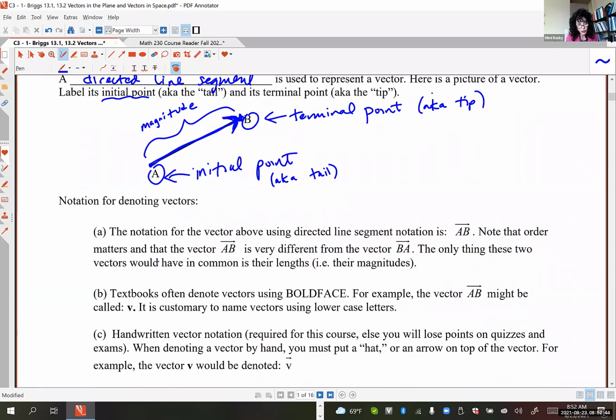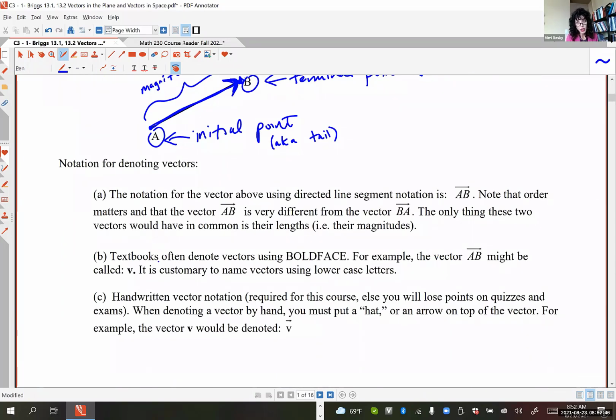So now let's do some notation, and notation is important. For example, when you do quiz 1 this Sunday and you turn in your handwritten work, I am going to be looking very carefully that you honor the vector notation that we use in this course. When you first start out, you may be a little bit remiss in doing it perfectly, and I'm going to be real nice.